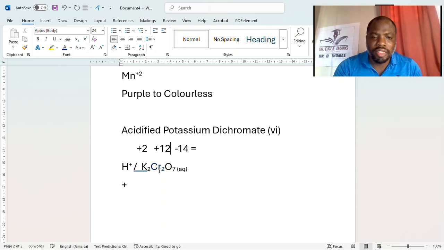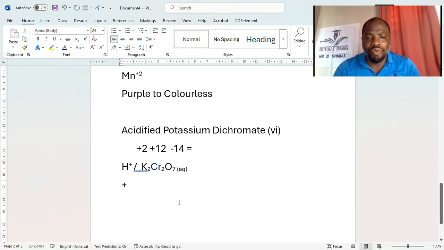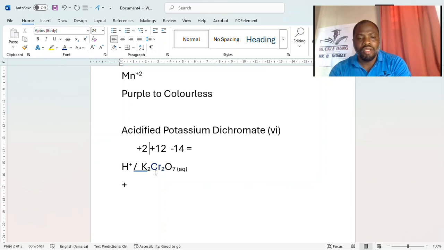And since this is a reflection of 2, then we would appreciate that one of the chromium ions, because remember we said that when we speak in terms of the oxidation state, one of them would basically be a positive 6.